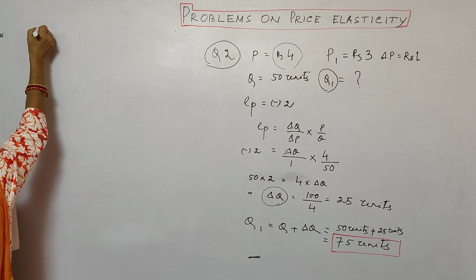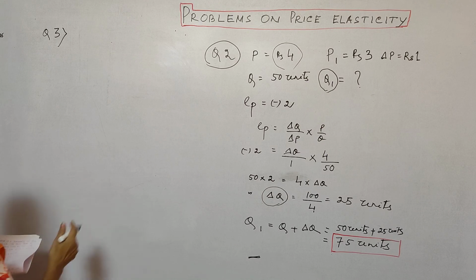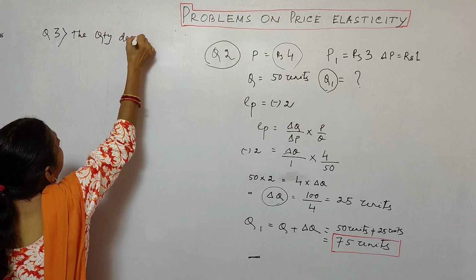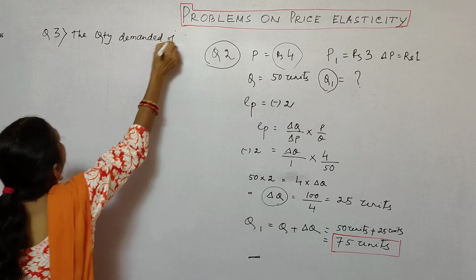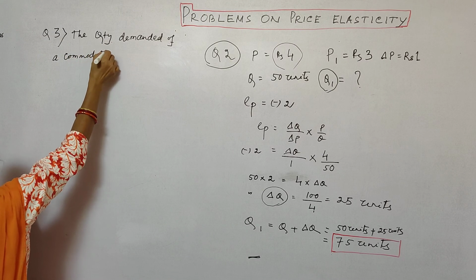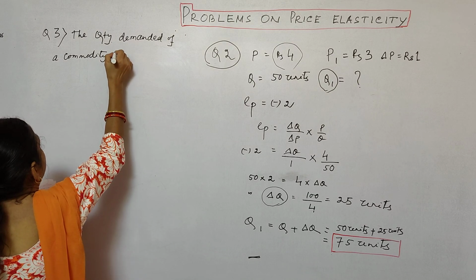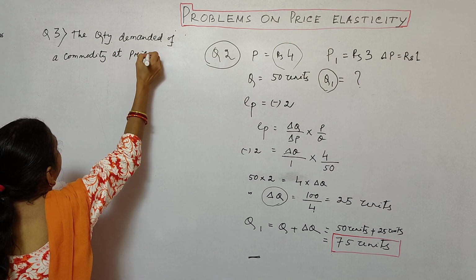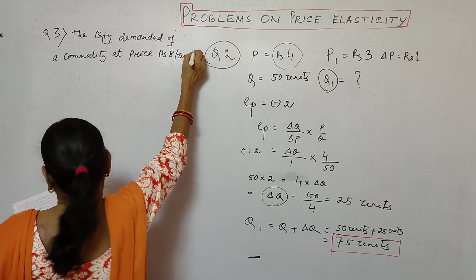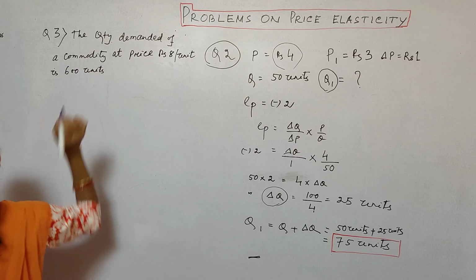Question number 3. The quantity demanded of a commodity at price rupees 8 per unit is 600 units.